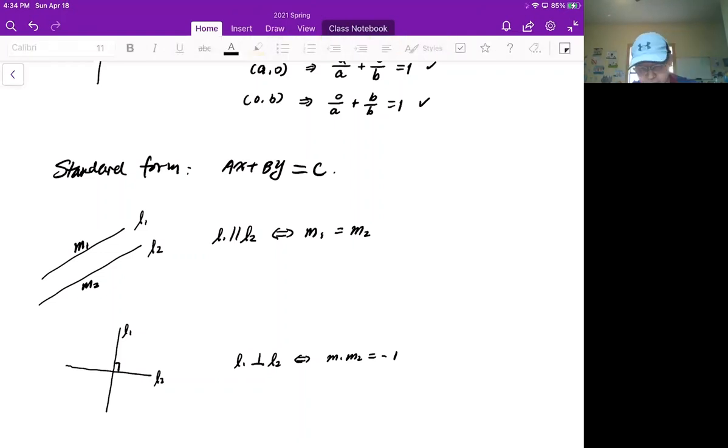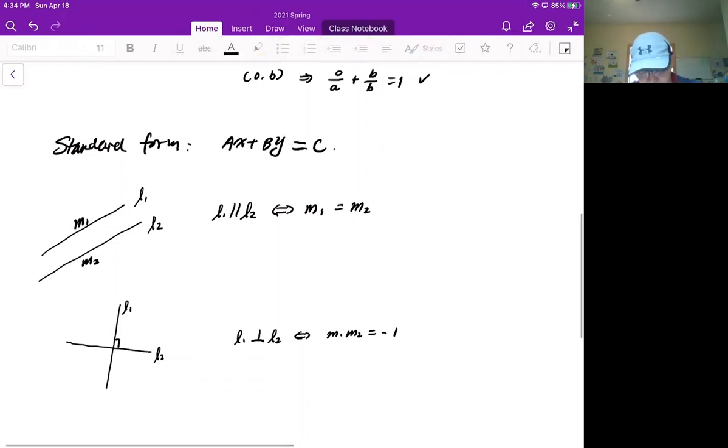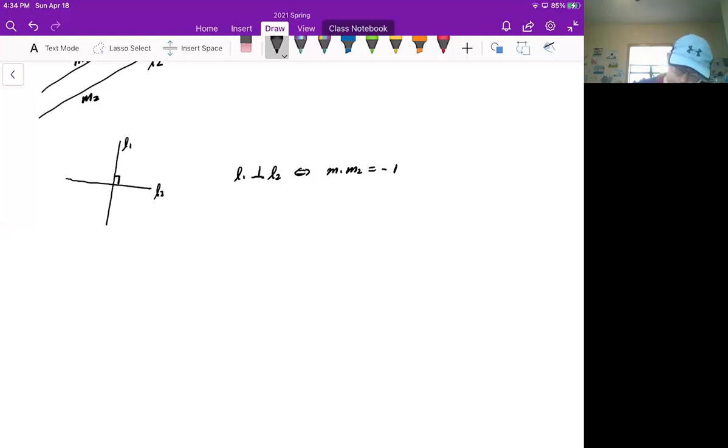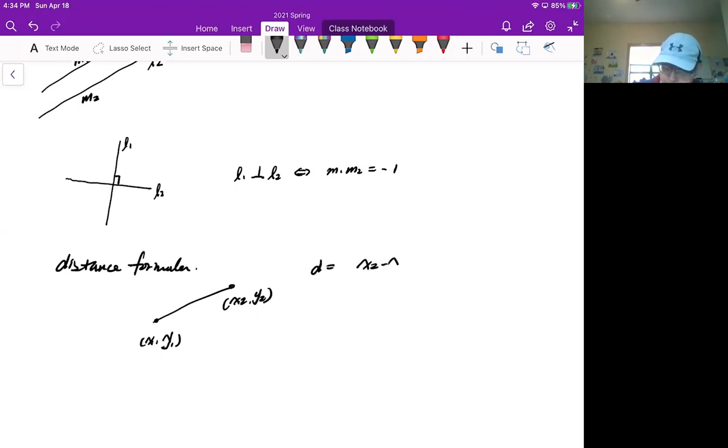All right, so we can get that also. And what else? A couple of other formulas. We're going to get the distance formula, or the Pythagorean theorem. It's basically the same thing. So let's see the distance formula between a point (x1, y1) and another point with the coordinates (x2, y2). The distance is the square root of (x2 minus x1) squared plus (y2 minus y1) squared.